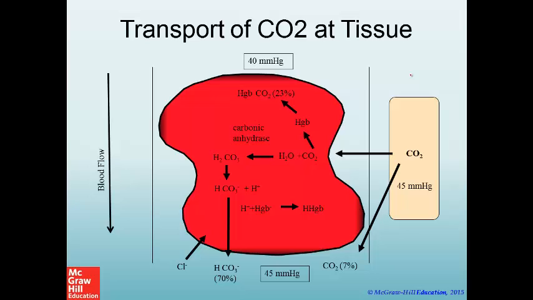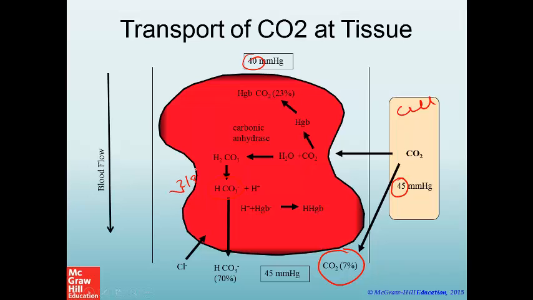So if we look at transport of CO2, CO2 is made by cells. The PCO2 is going to be higher than the PCO2 in arterial blood, so you're going to get diffusion down the concentration gradient from high to low. Some CO2 ends up dissolved in the plasma. Some of it gets converted to bicarbonate, right? This is going to represent about 2/3.